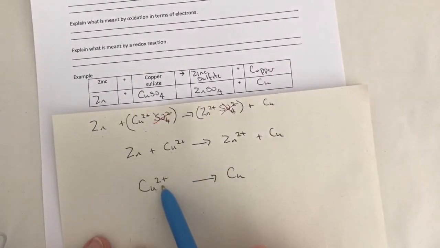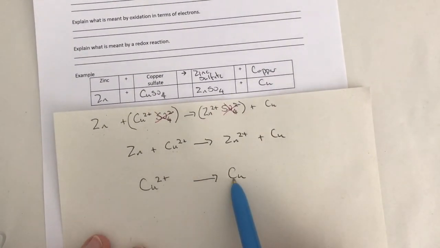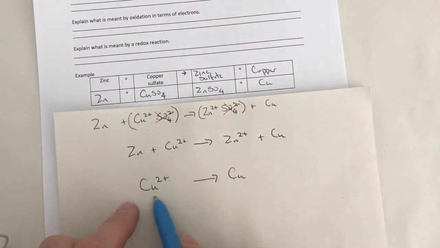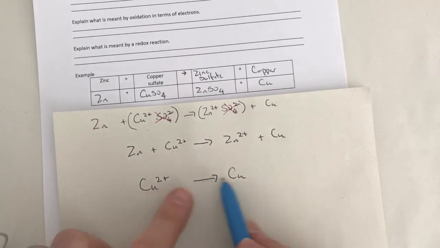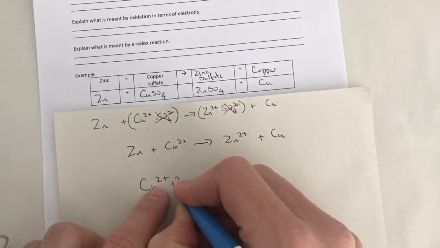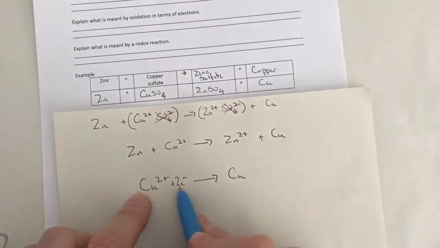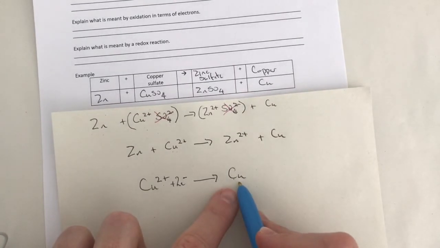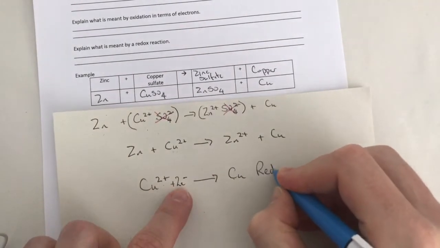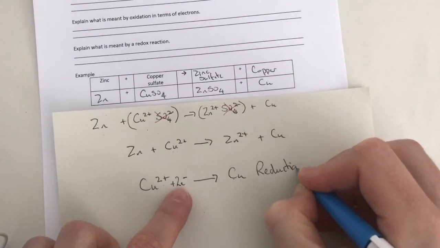I've gone from a 2+ ion to an element with no charge. So to go from 2+ to something with no charge, I've got to add electrons to this side to make the 2+ become no charge. And I'm going to need to add 2. So I'm going to add 2 electrons here in order to make the copper metal form this side. Because I'm adding electrons, this reaction is reduction.